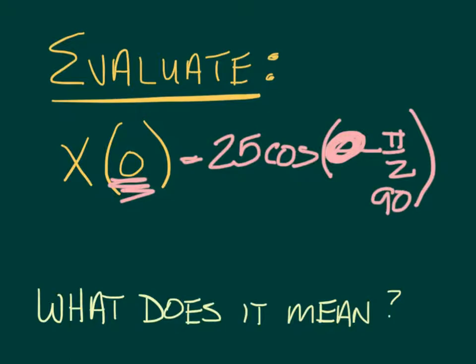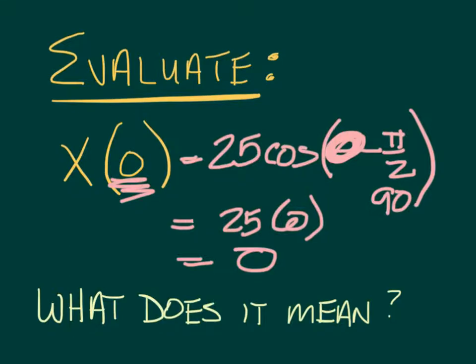So we end up with 0 minus 90, which is negative 90. So what is cosine of negative 90? Zero, yes, it is 0. So we end up with 25 times 0, which is 0.